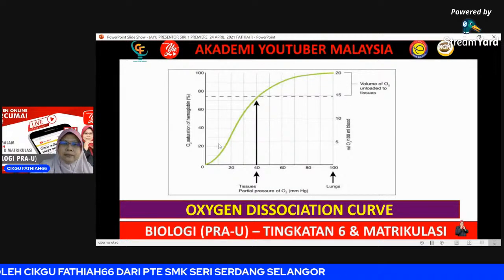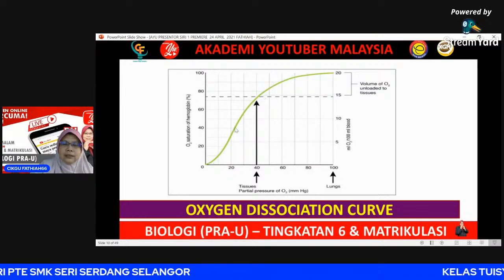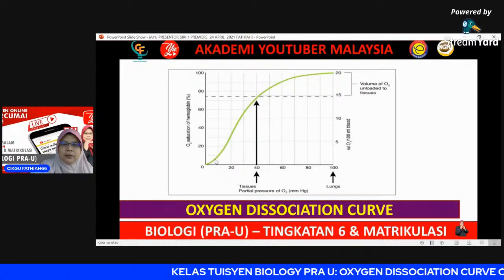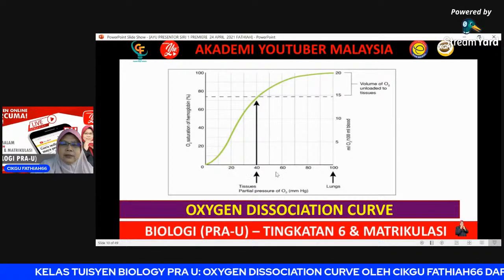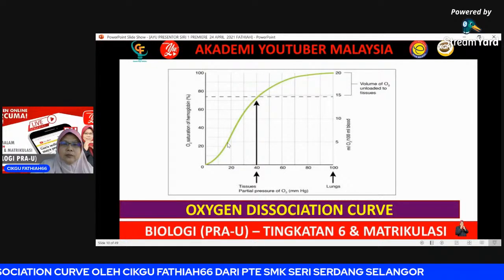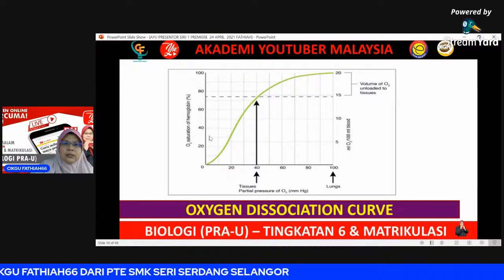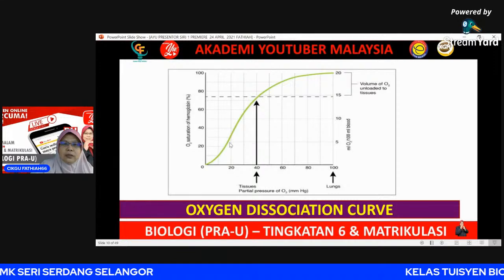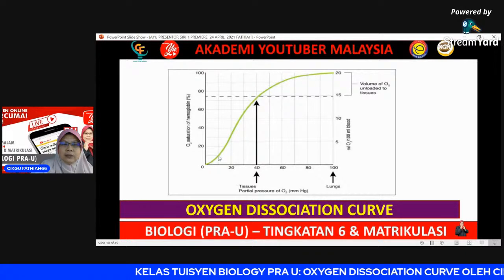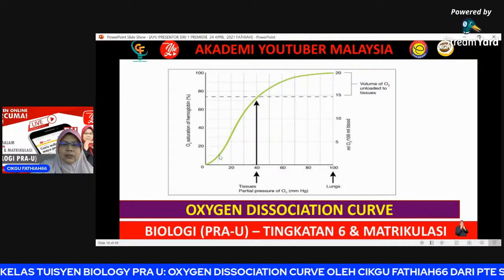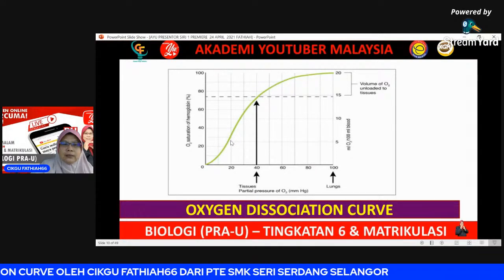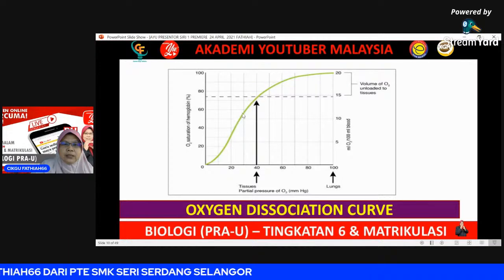But in this shape, in this area, when we increase the pressure of oxygen, the association of oxygen, or saturation of oxygen in hemoglobin, is very slow until this area, so at this part the saturation is low. And then when the partial pressure of oxygen is increased, the percentage of saturation will increase.